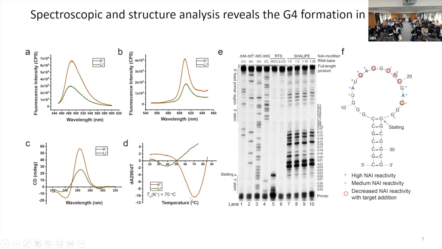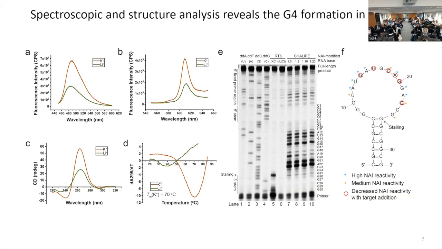It's very thermostable. Next, to get more structural information about the aptamer, I also did structure probing. Lanes 1 to 4 are the sequencing lanes. I added ddNTP in the reverse transcription assay, because ddNTP lacks the 3-prime hydroxyl group.